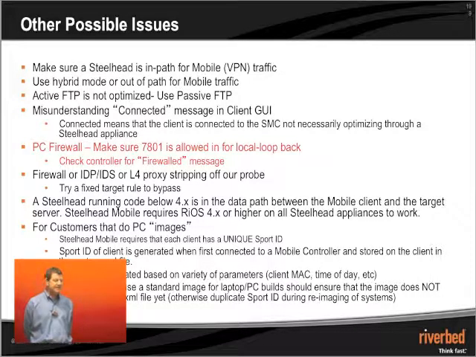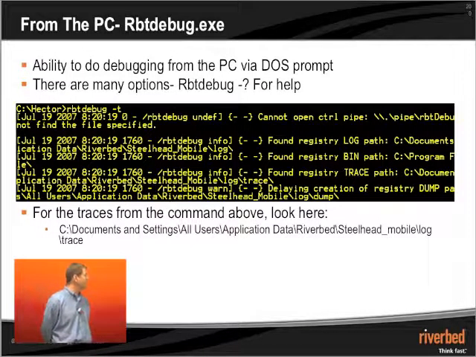Also, on the PC, there is a command you can run. It's rbtdebug.exe, and you can watch the information that's generated and placed into a trace file that is located in the file location that's specified at the bottom of this slide.